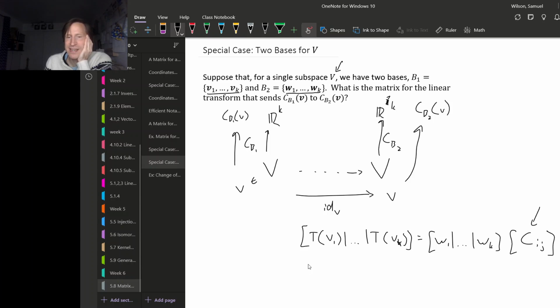But what's special about this case is that this linear transformation is actually the identity transformation. So when I write T of v1, that's actually just v1, and up to T of vk is just vk.